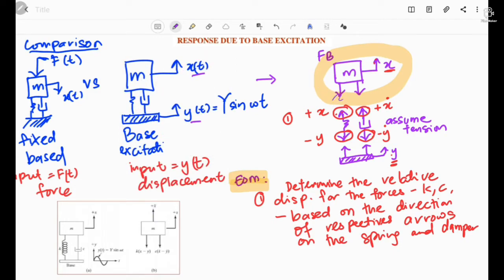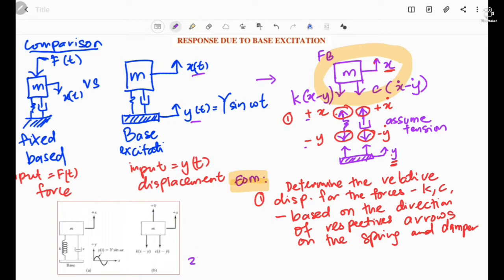First of all, you have to write your k here. Your k, based on this plus and the minus, is basically x minus y. Same as this one, your c is x dot minus y dot. Then only you can write your equation of motion.